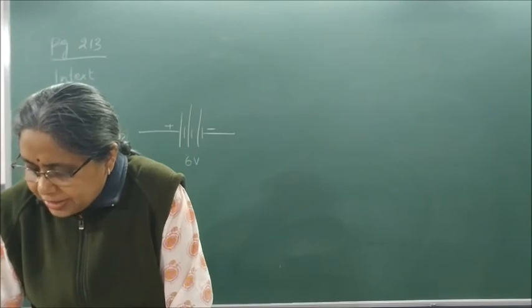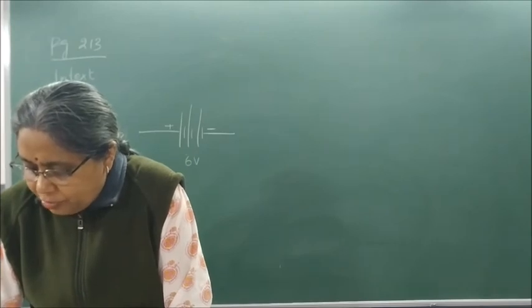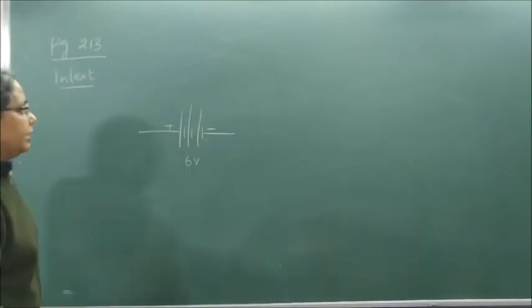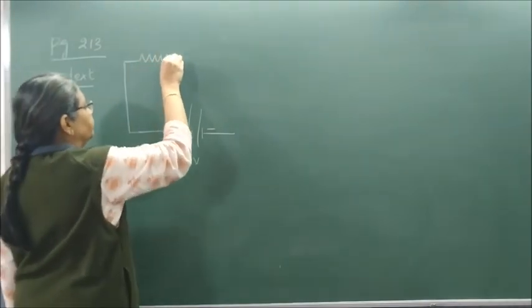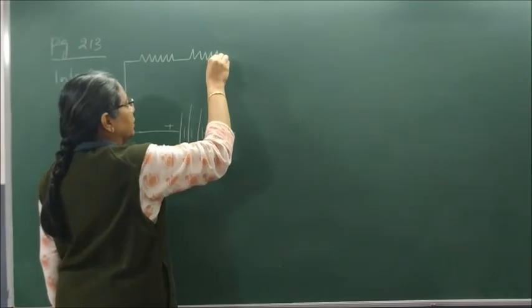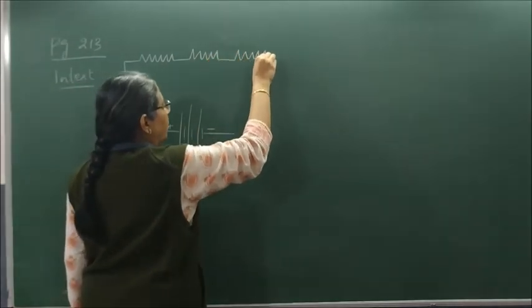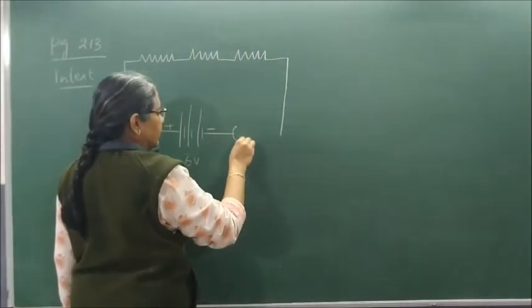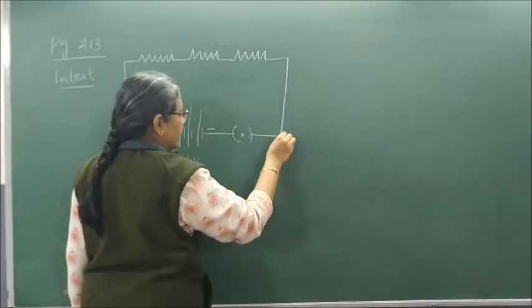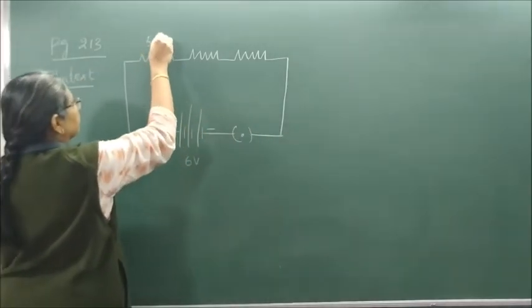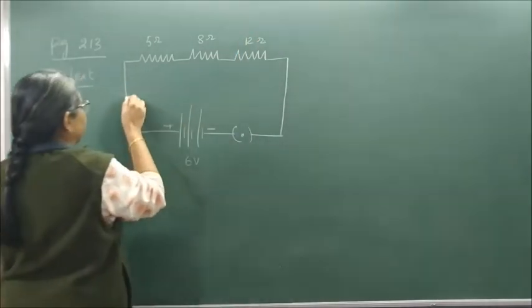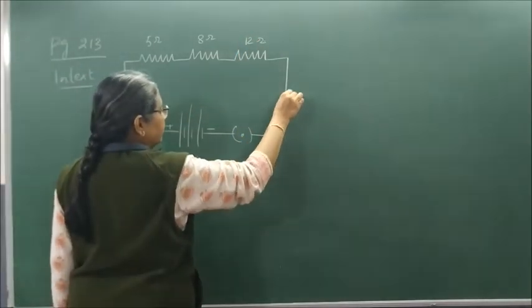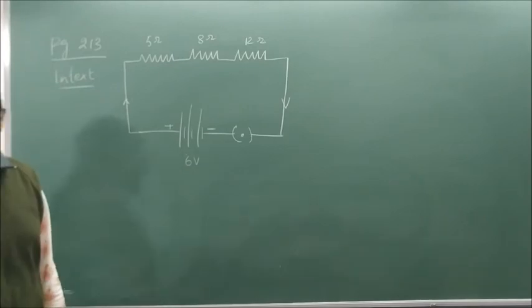A 5 ohm resistor, an 8 ohm resistor, a 12 ohm resistor, all connected in series across a plug key. Put an arrow, and this finishes your first question.